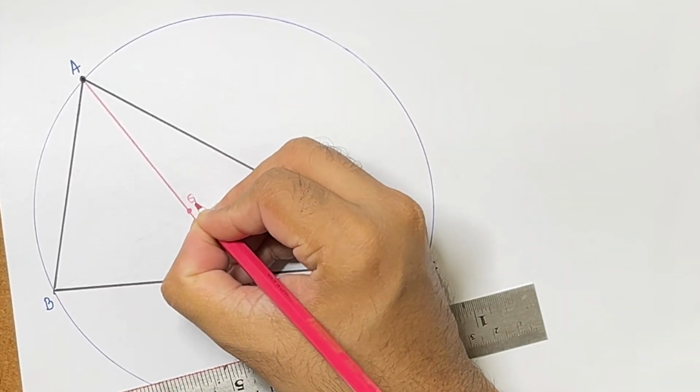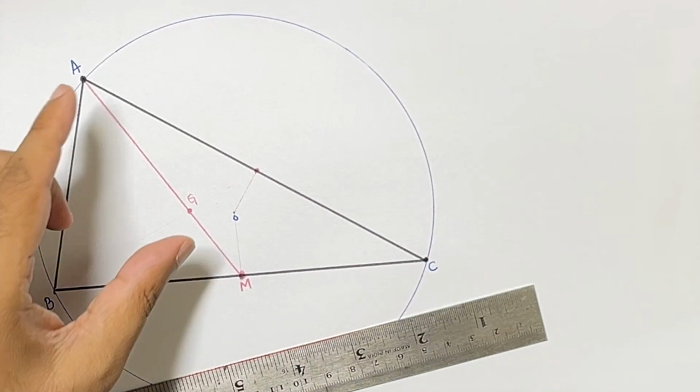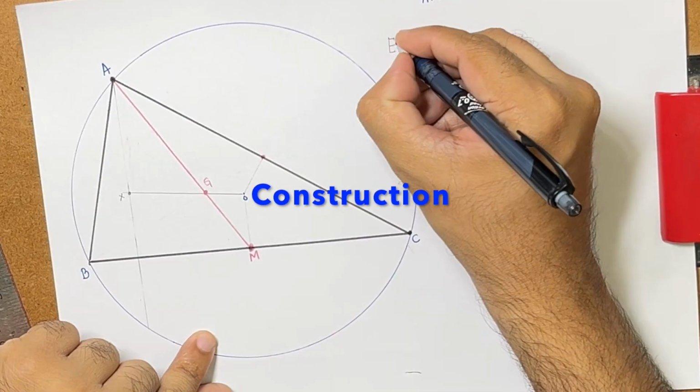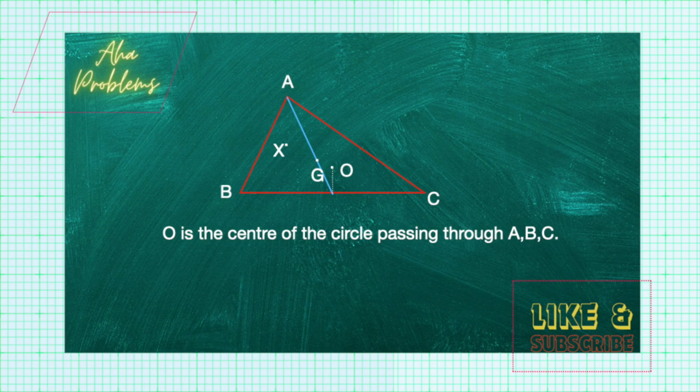This is your centroid G. Okay, so this centroid, as we have already shown, divides this median in the ratio 2:1. Extend OG to a point X so that OG is to GX is 1:2.